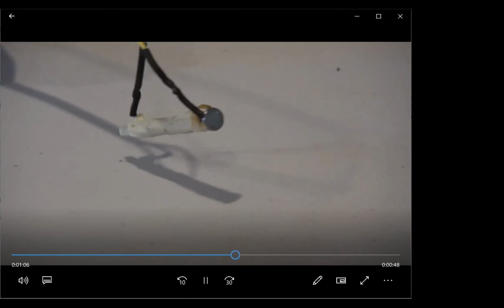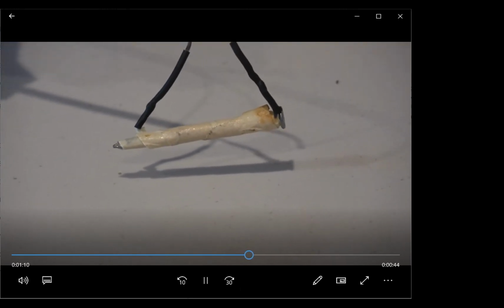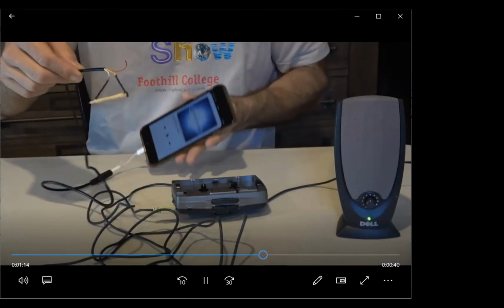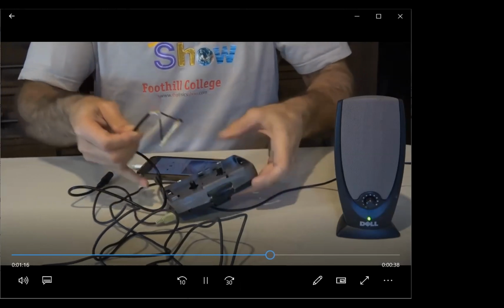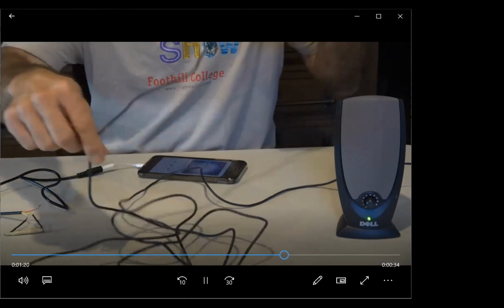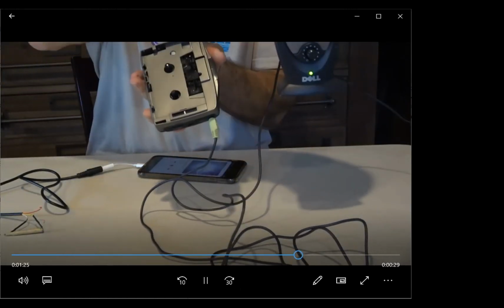It's connected to this nail. That's an ordinary nail I picked up off the floor of my garage, and the wire is wrapped around it and soldered together. I'm going to hold that nail over the pickup head on my cassette player and play my music from my cell phone through the nail into the pickup head on the cassette player and out that speaker you see right there. Let's listen.